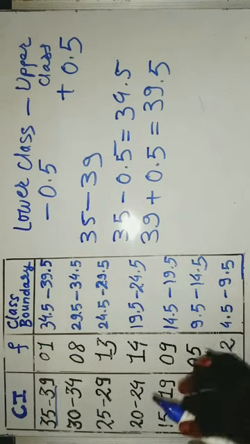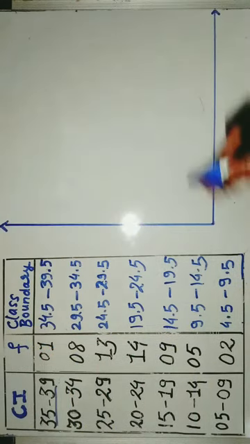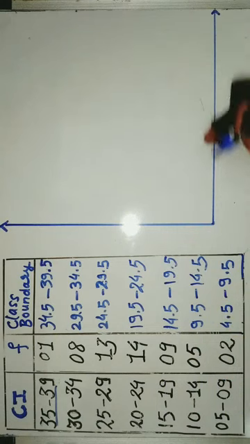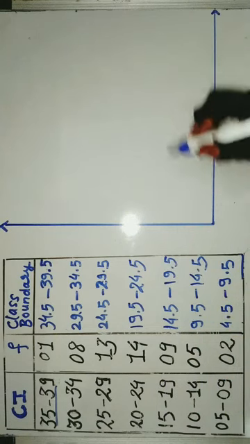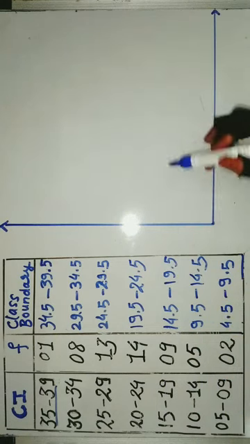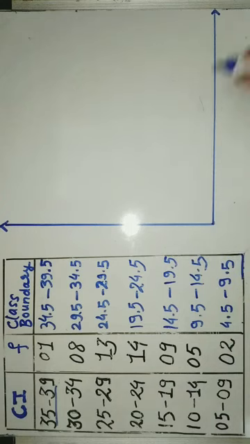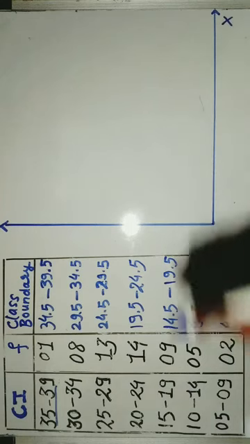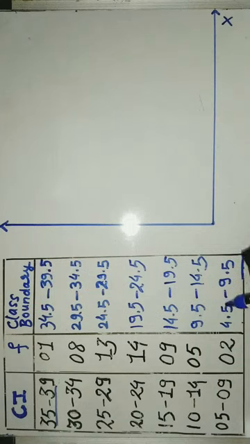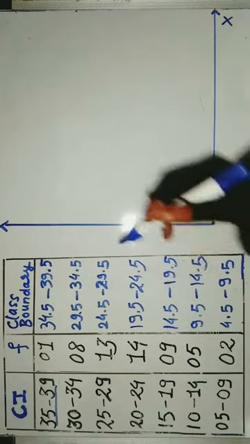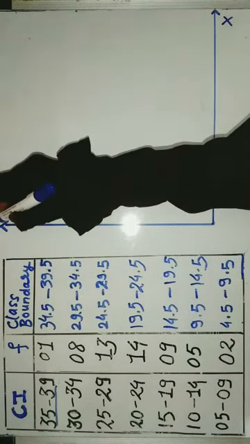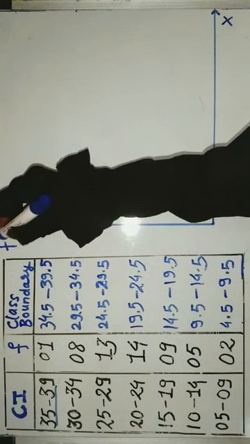Now let's plot the histogram. Histogram is a bar diagram in which rectangles are attached to each other. So for plotting the histogram, on the x-axis we have to take class boundaries that we have calculated, and on the y-axis we have to take frequencies.